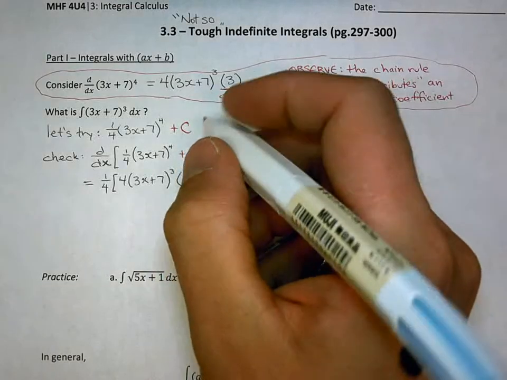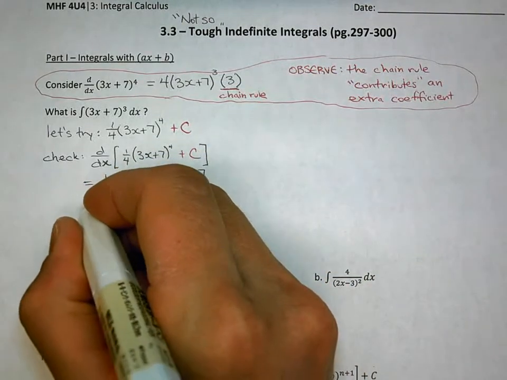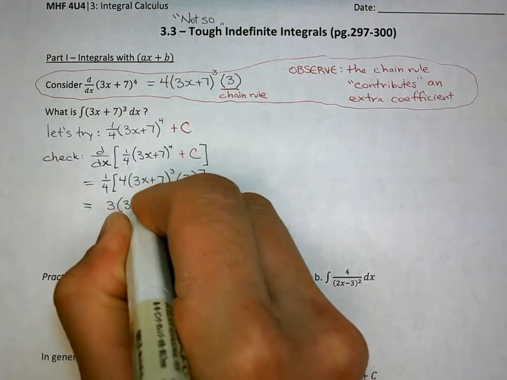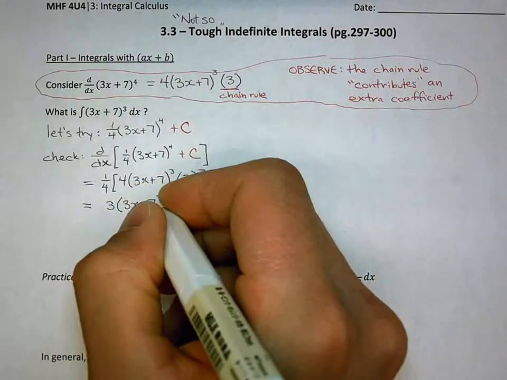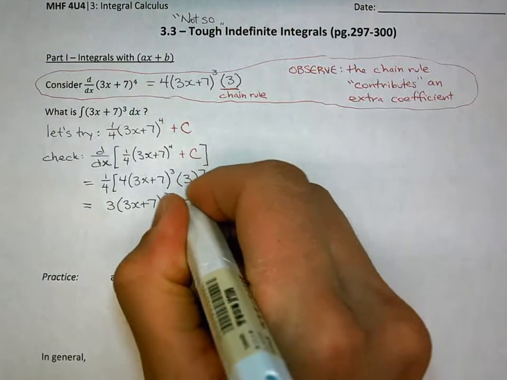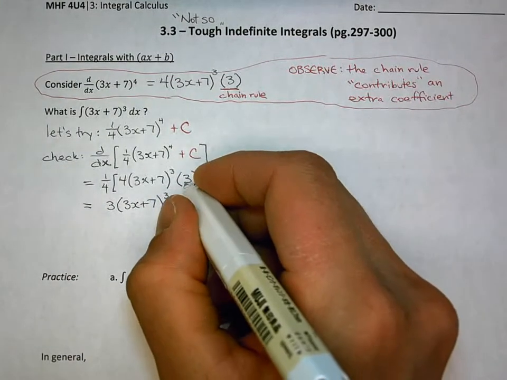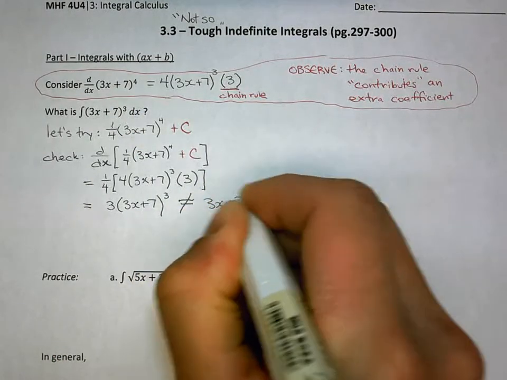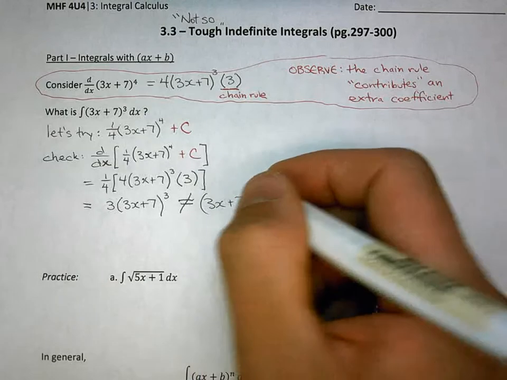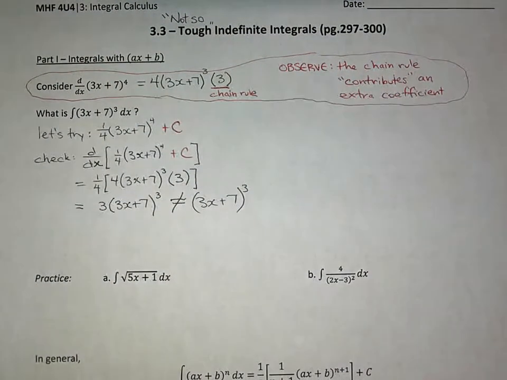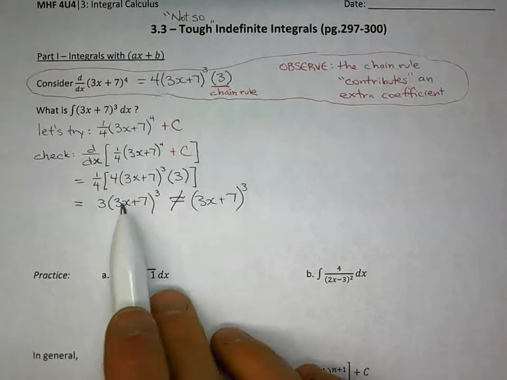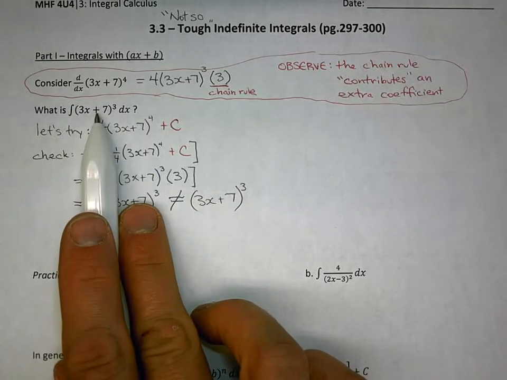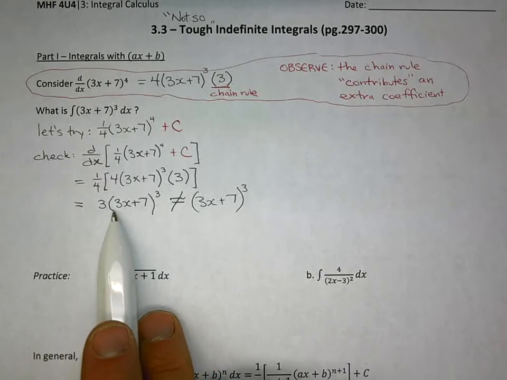So I end up with, these 4's cancel out, and then I have a 3 times (3x plus 7) to the power of 3, which does not equal what I started with, which is (3x plus 7) to the power of 3. So the guess that I had didn't work out. The derivative of this does not give me this, because there was all this extra 3.